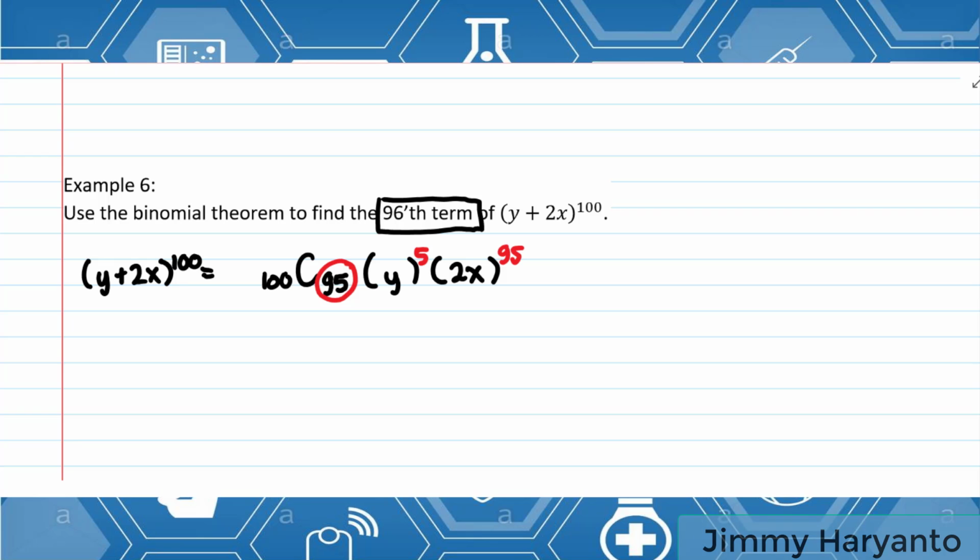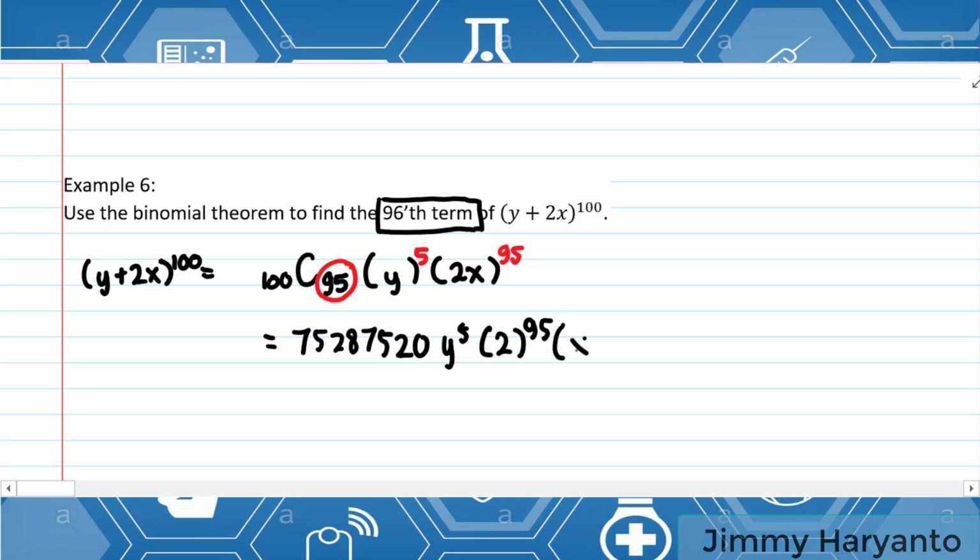Okay, so 100C95 is 7528750 times y to the power of 5. I think we cannot calculate this one, it will be very big, so we will leave it like that. Yeah, that is the 96th term of this one.